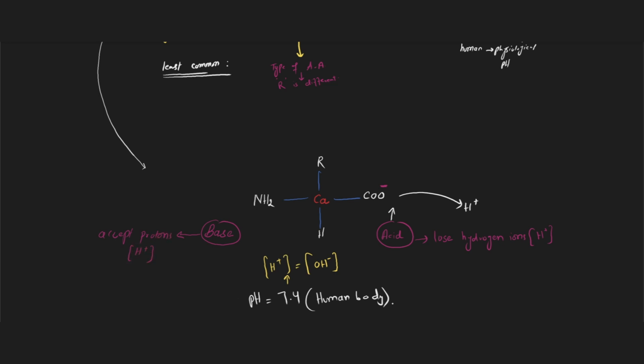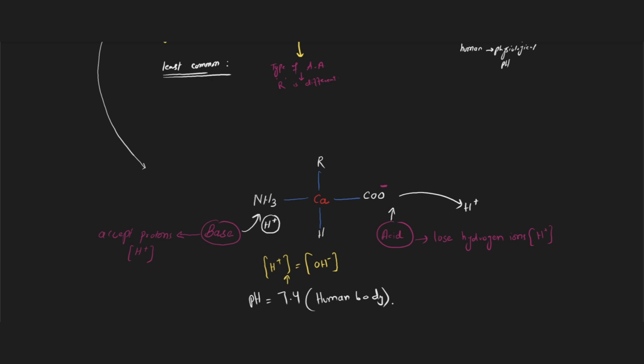So it has the ability to accept protons, and when it accepts one proton, meaning one hydrogen ion, it will no longer exist in this state, and NH2 will be converted to NH3.